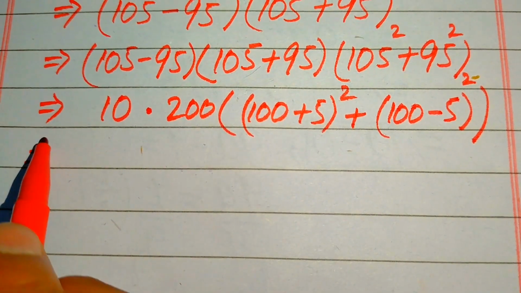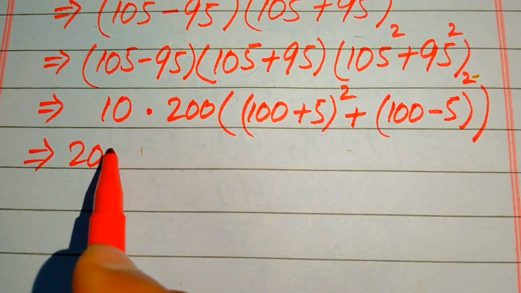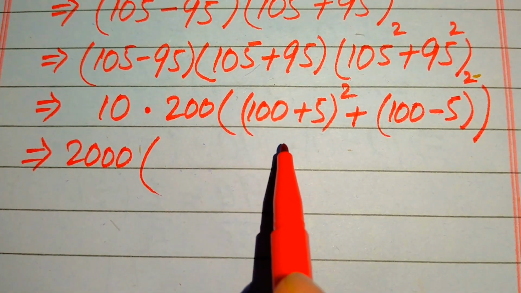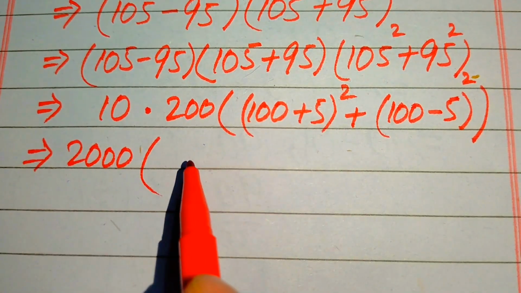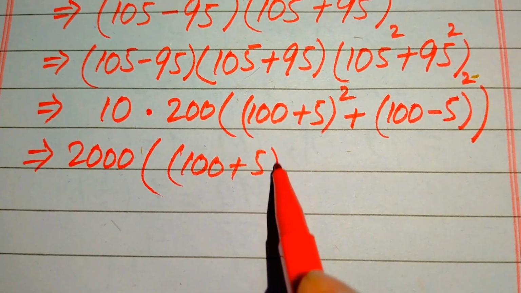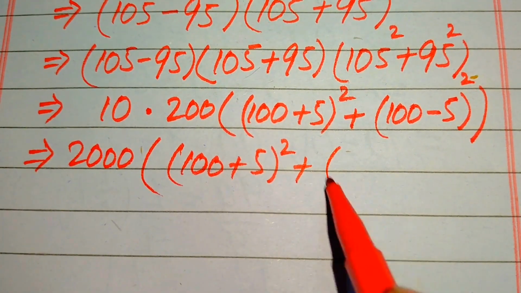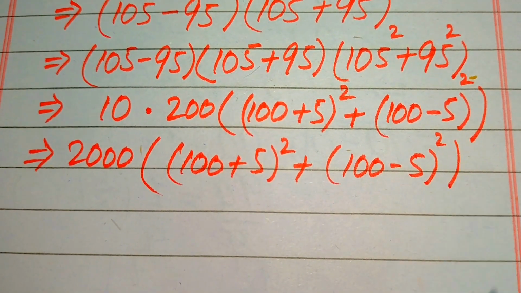First we rewrite this as 10 times 200, which becomes 2000, into the expansion of both of these formulas. But first we rewrite this expression as 100 plus 5 whole square, into 100 minus 5 whole square.